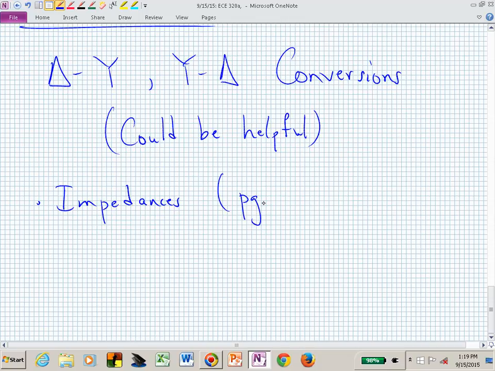And if you look on page 324, section 9.6, that's for complex impedances. And if you wanted to go back and say, well, let me just see what that looks like when I have completely real impedances or just resistors, that's in section 7 of chapter 3 on page 71.